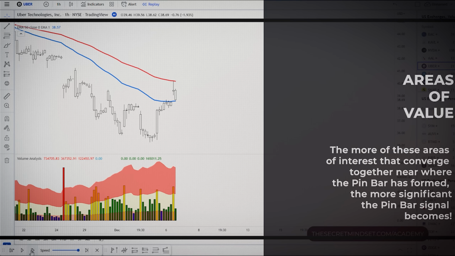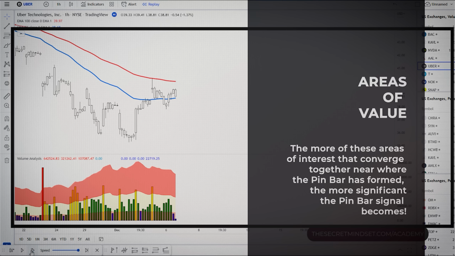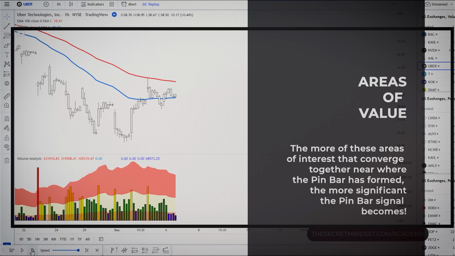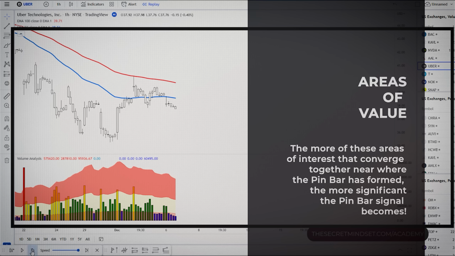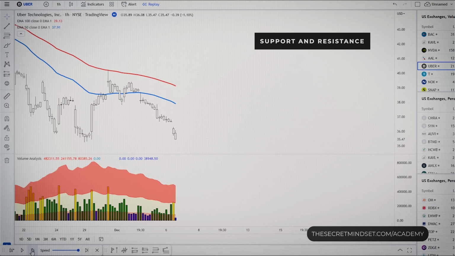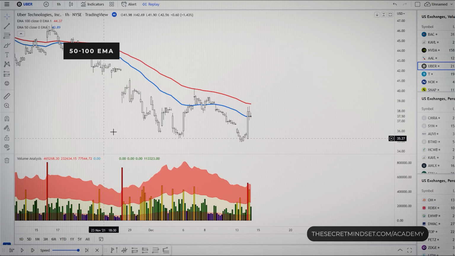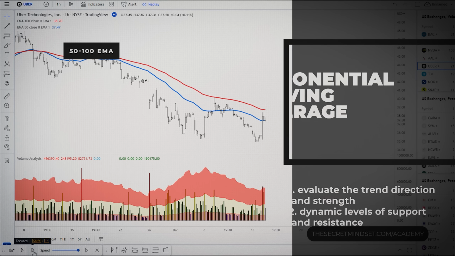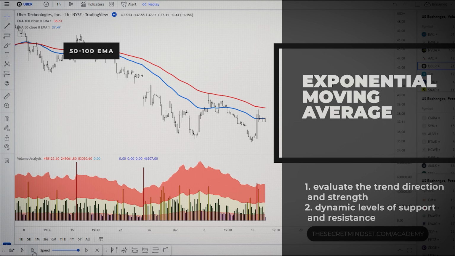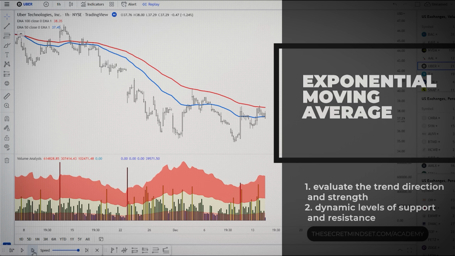So pin bars should only be traded when they form in areas of value or interest. The more of these areas of interest that converge together near where the pin bar has formed, the more significant the pin bar signal becomes. This is known as confluence. You can use support and resistance levels, supply and demand areas, but in this video, we'll focus on EMAs. As well as being used to evaluate the trend direction and strength, EMAs can be used as dynamic levels of support and resistance.